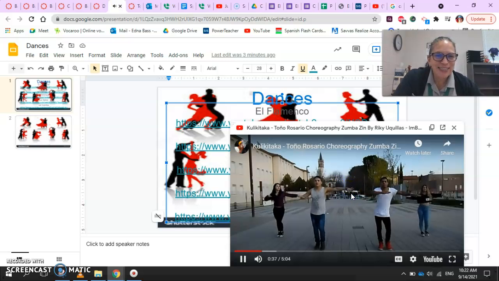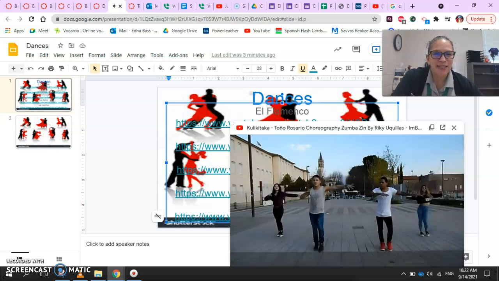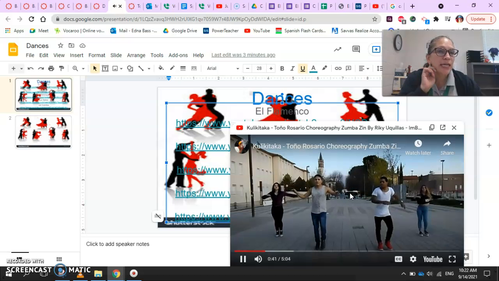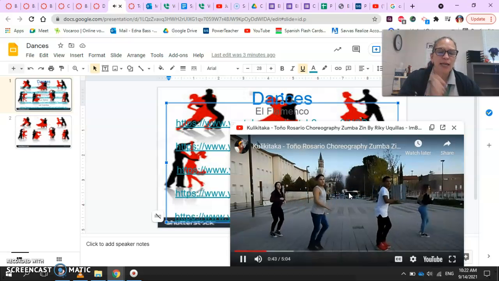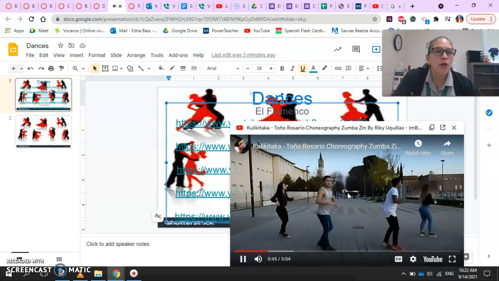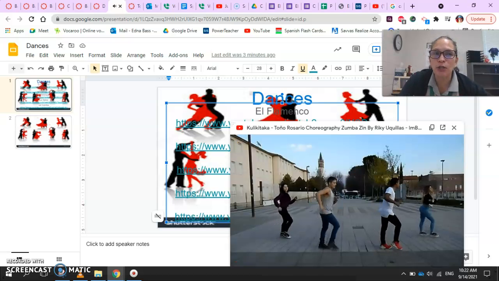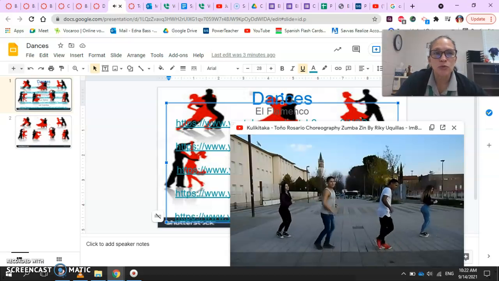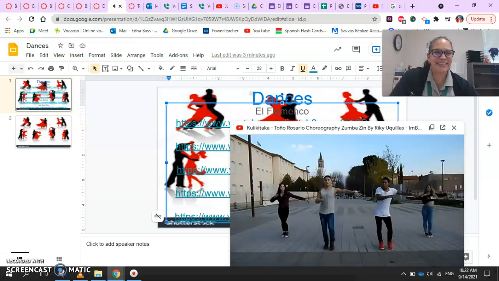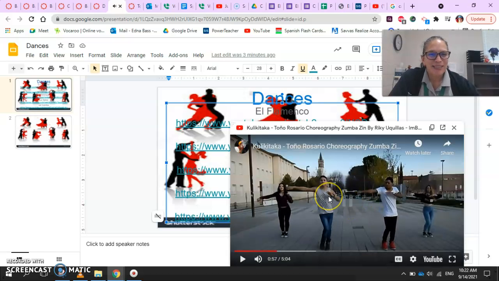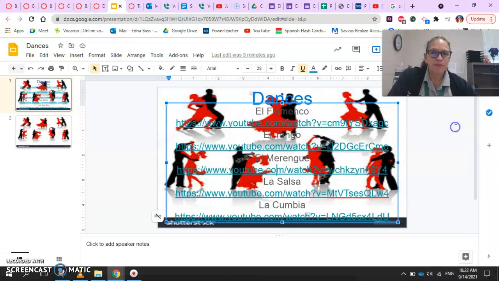So you can see this, and you can hear piano and also the tambora. Tambora is the drums that you hear in the background. Okay, so that is merengue, originally from the Dominican Republic.